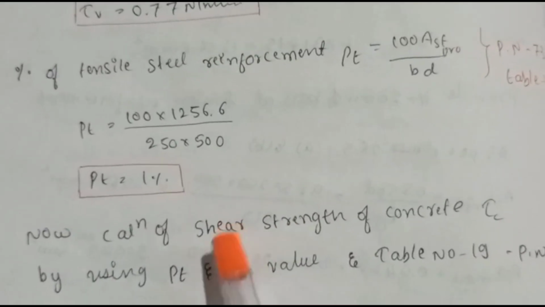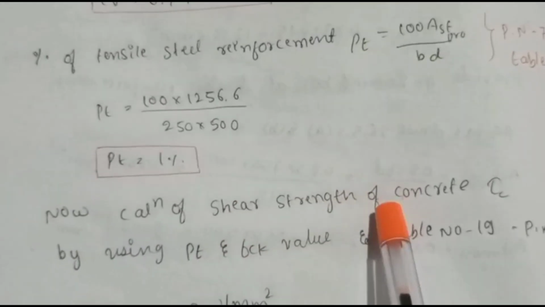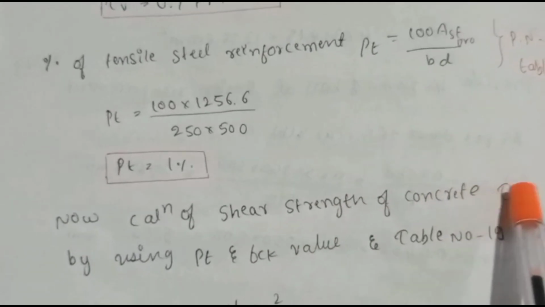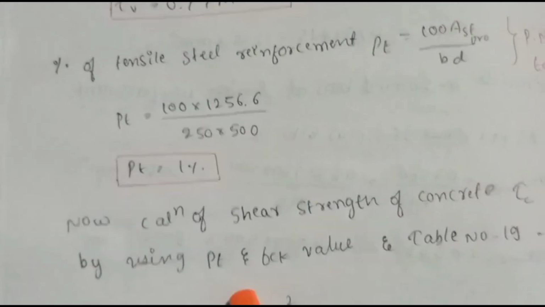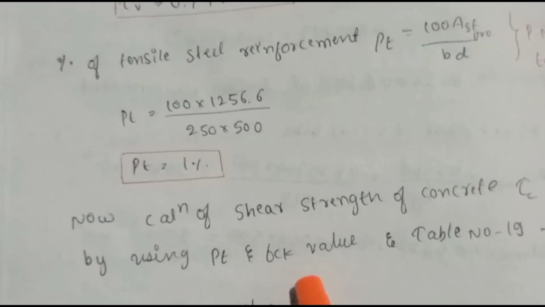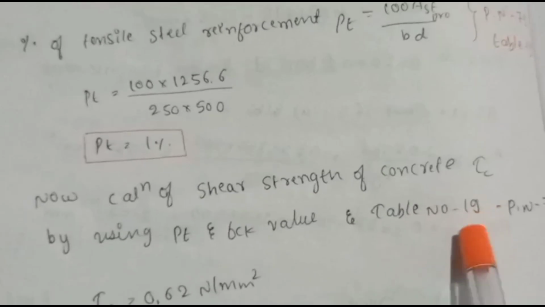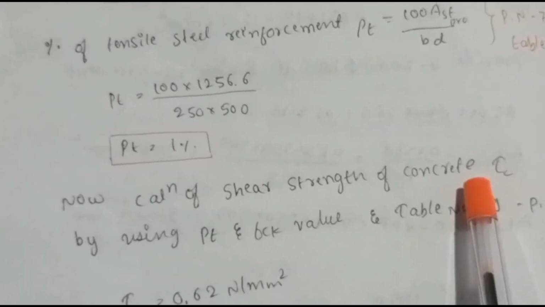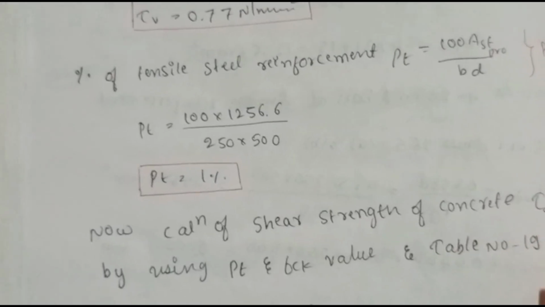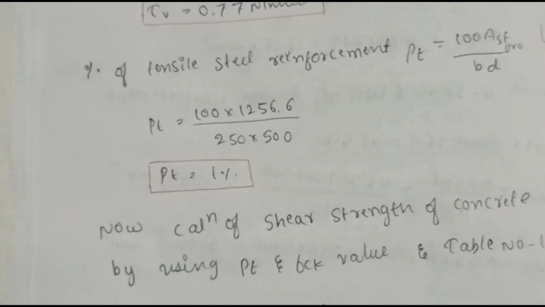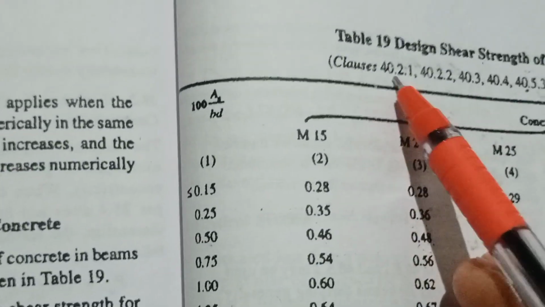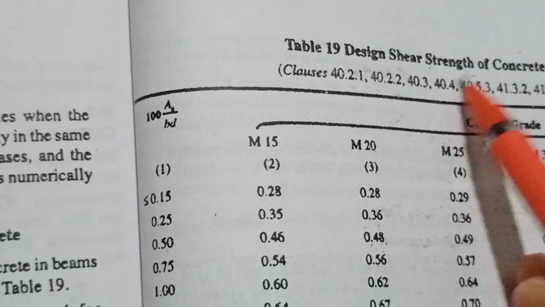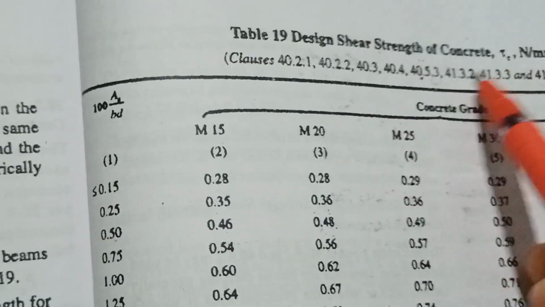So now calculate the shear strength of concrete, that is tau c, by using PT value and fck value, and with the help of table number 19 that's given on page number 73, we'll calculate the tau c value. So we'll see. Table number 19, design shear strength of concrete, that is tau c, Newton per mm square.